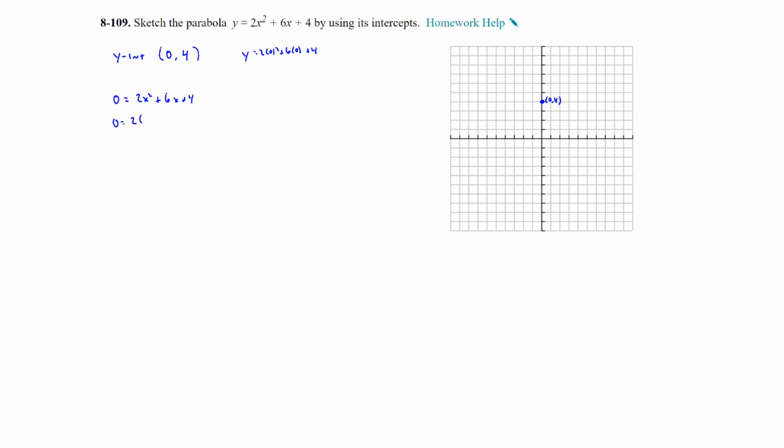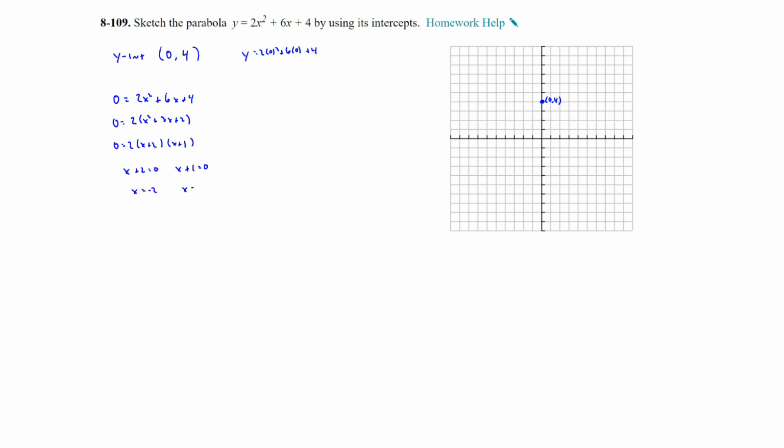So I notice there's a common factor of 2. So I'm going to factor the 2 out. And then we can use the generic rectangle or any patterns that we have seen to be able to factor this. And it'd be x plus 2 and x plus 1. And then we can set our 2 factors that involve x equal to 0, because setting 2 equal to 0 is not going to give us any solutions.